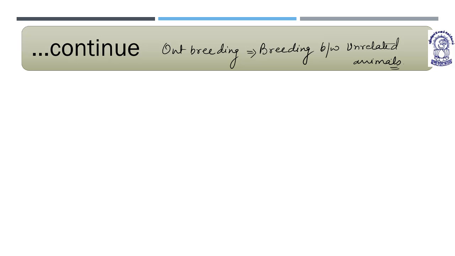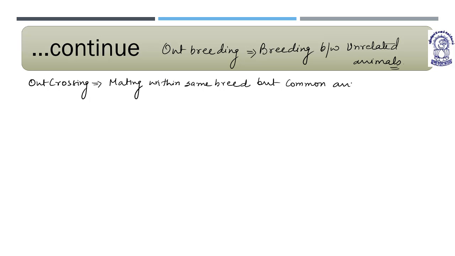It is of the following types. First is outcrossing: mating with the same type within the same breed, but no common ancestry, for 4 to 6 generations.